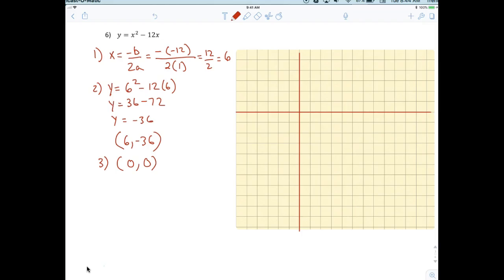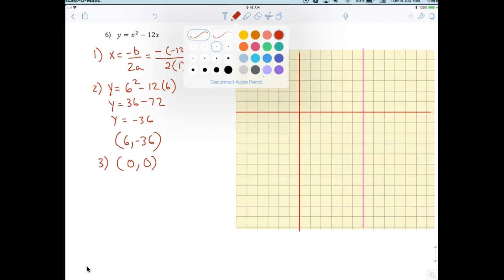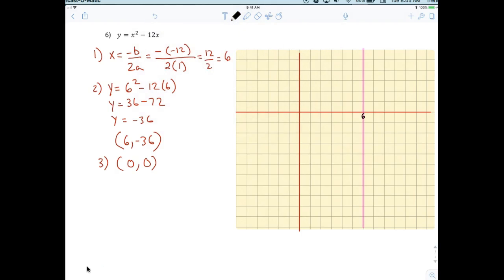Now let's graph 6. Everybody good with that? Now again, I think it's a good idea to mark this as 6. And then come down here and just mark this as negative 36. Anybody have any trouble with that?